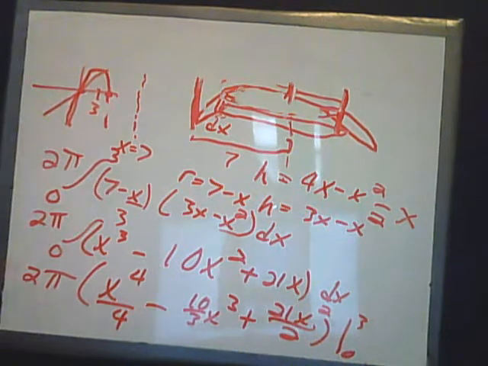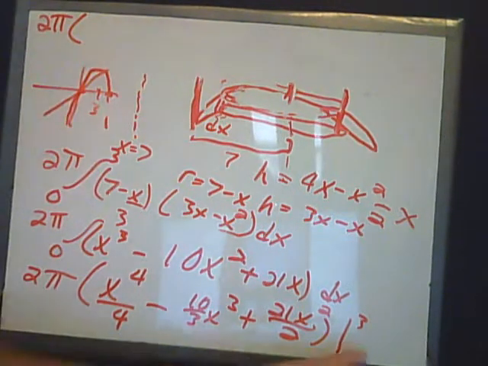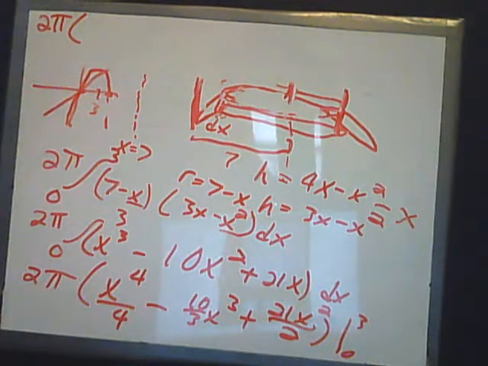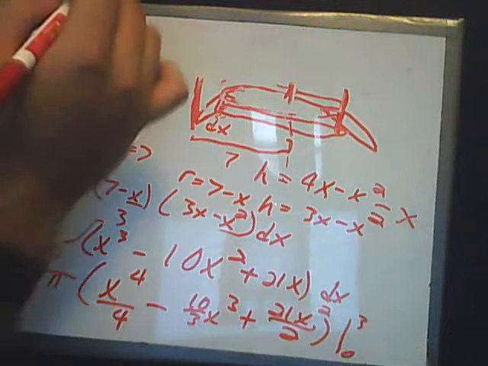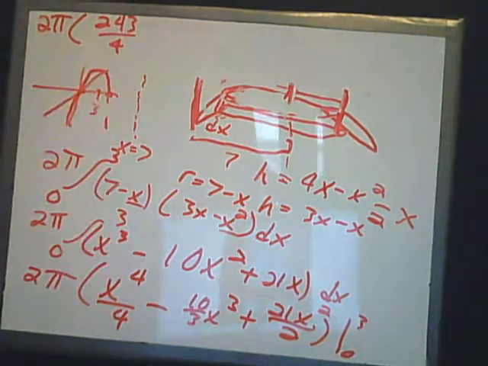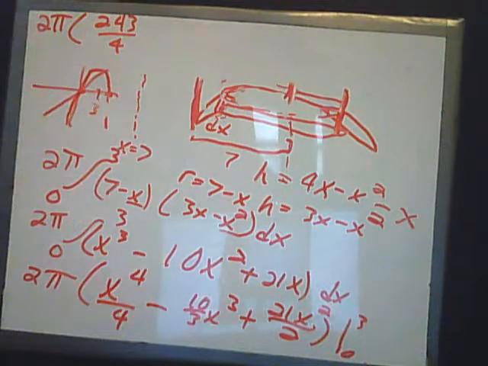Okay, so now up here we still have 2 pi. Now if we plug 3 in, 3 to the 4th is going to be 243. So we have 243 over 4. 3 cubed is just 27.